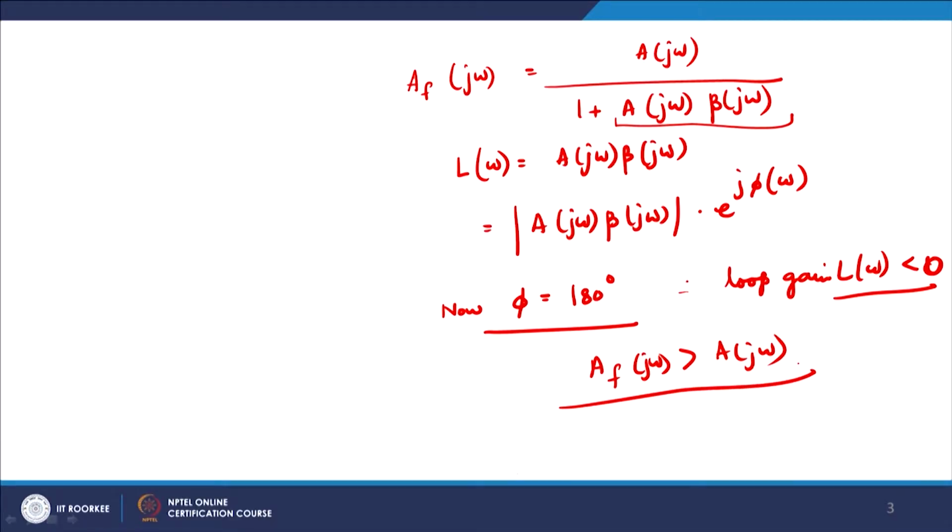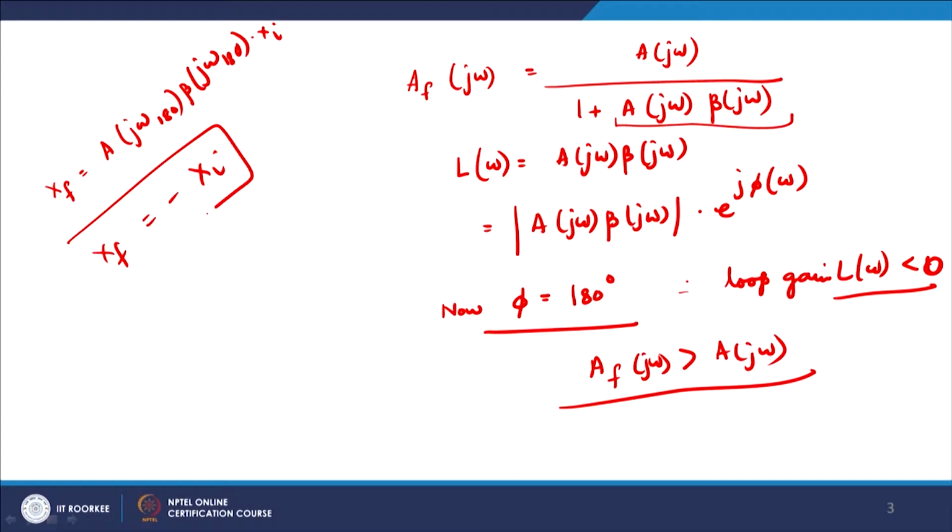And that is the problem area: generally the with-feedback gain is expected to decrease compared to without feedback. So, in general I can write x_f as A of j omega at 180, times beta of j omega at 180, times x_i, which will be equal to minus x_i. So, x_f will be equal to minus x_i.